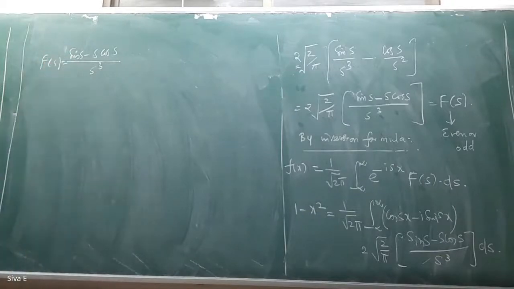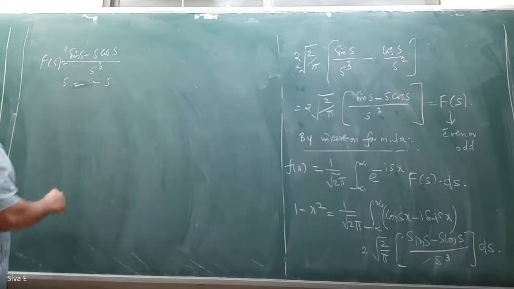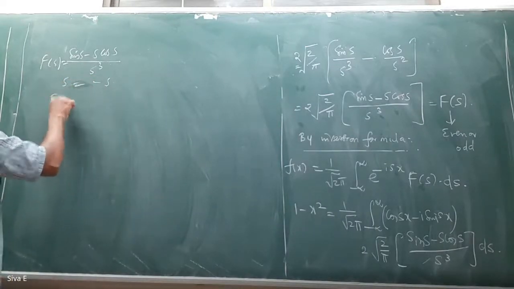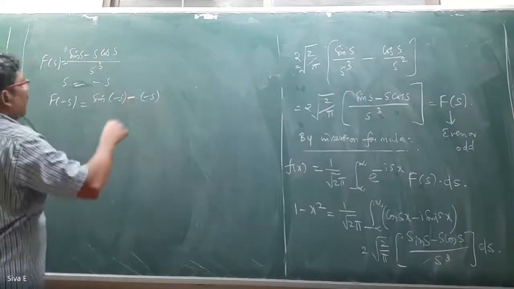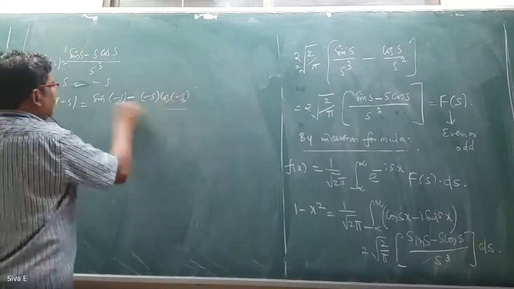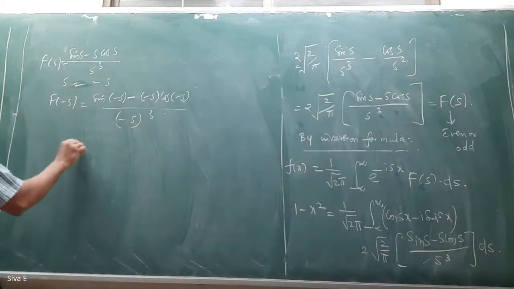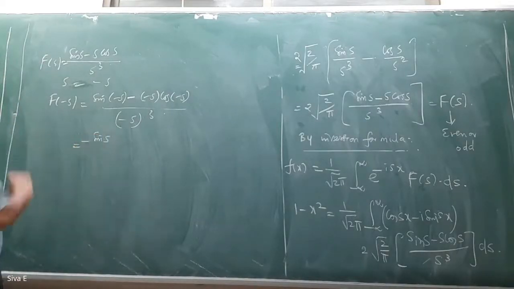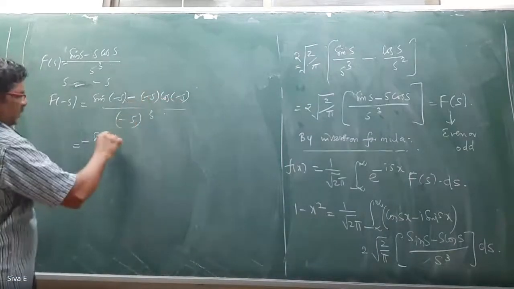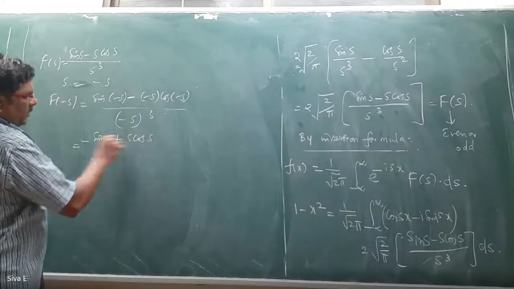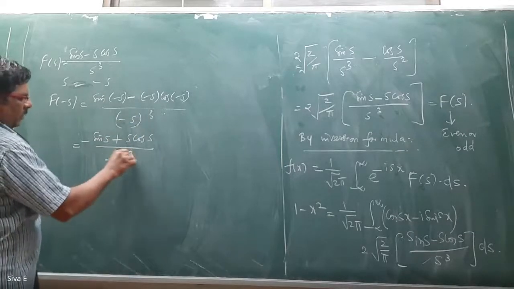To find whether it is an even function or an odd function, substitute s equal to minus s. So f of minus s is sin of minus s minus (minus s) cos of minus s by (minus s) cube. Sin of minus s is minus sin s, cos of minus s is cos s, so we get plus s cos s by minus s cube.